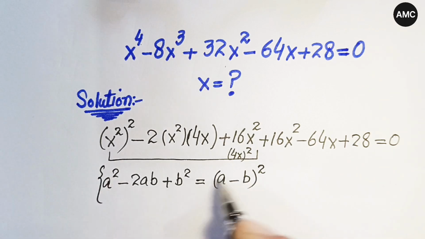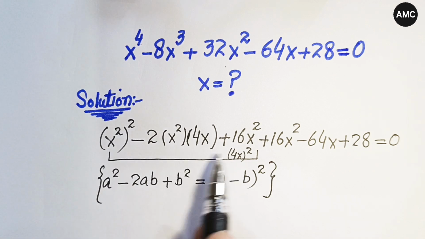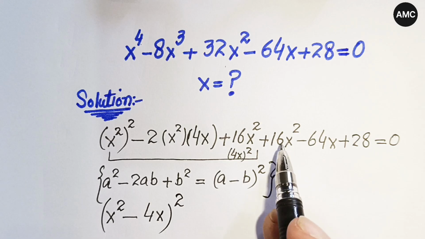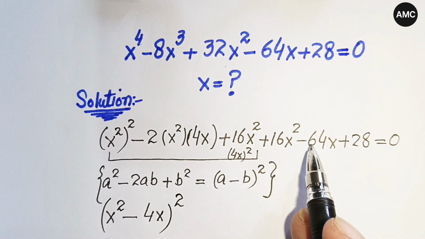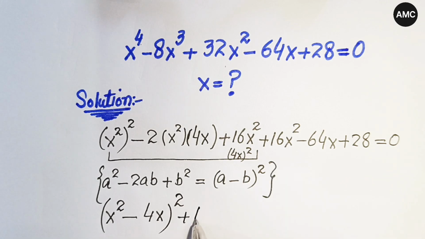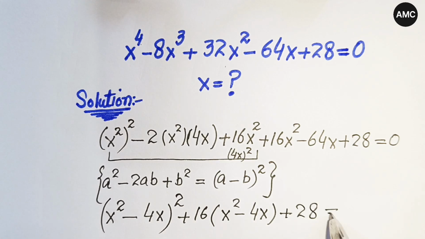Applying this formula, a is x squared and b is 4 times x, so x squared minus 4x whole squared, and here plus 16x squared minus 64x. If we take 16 common, inside the bracket we will get x squared minus 4x, which is the same expression. So here we have plus 28 is equal to 0.